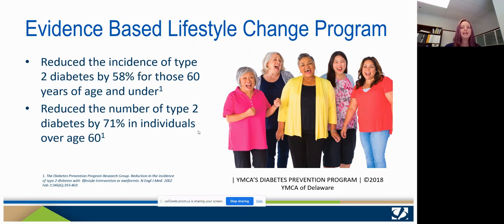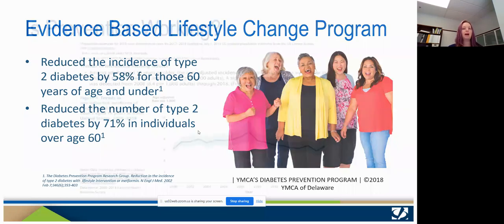As we know, age is a risk factor for type 2 diabetes, so that's pretty significant. When we compare it to the people that were put on metformin as a preventative, only 32% of those people did not develop type 2 diabetes. So the lifestyle change program is more successful at reducing risk factors for type 2 diabetes than taking medication.